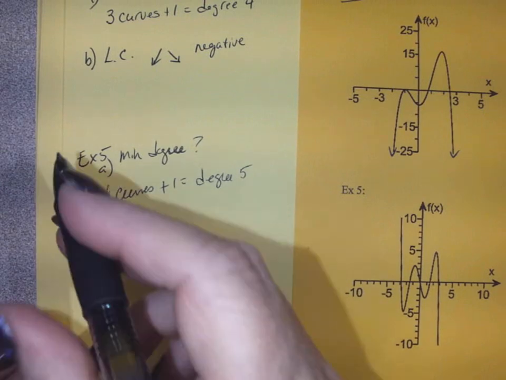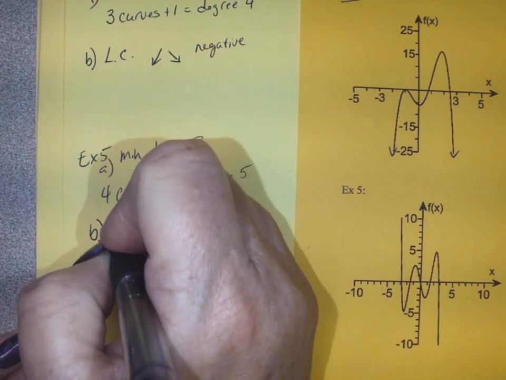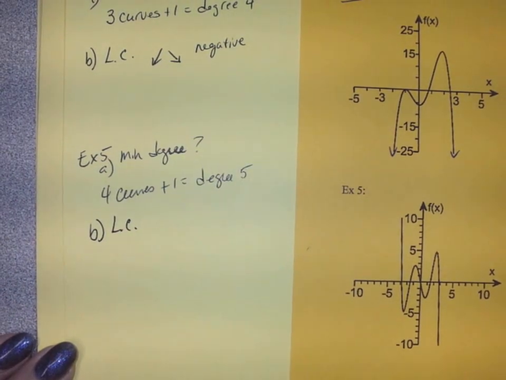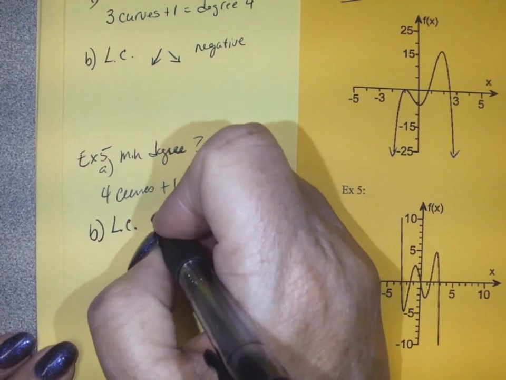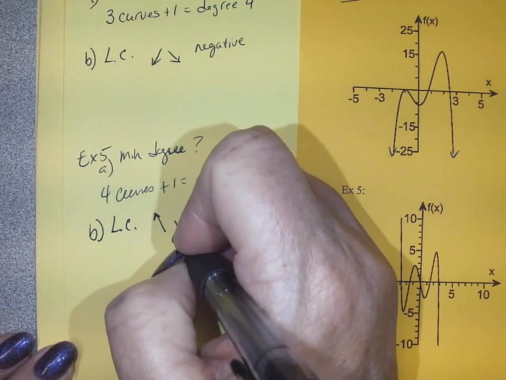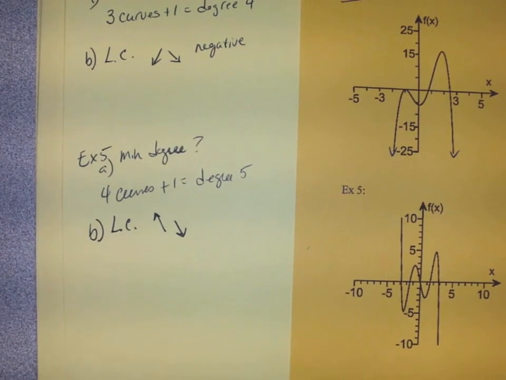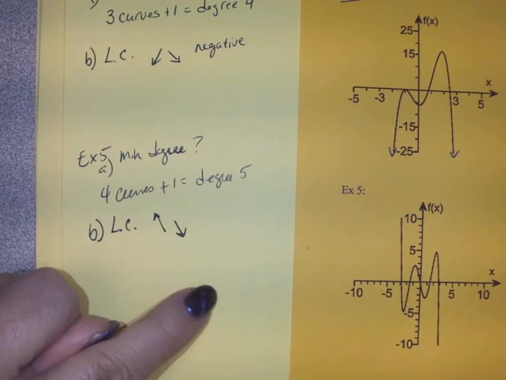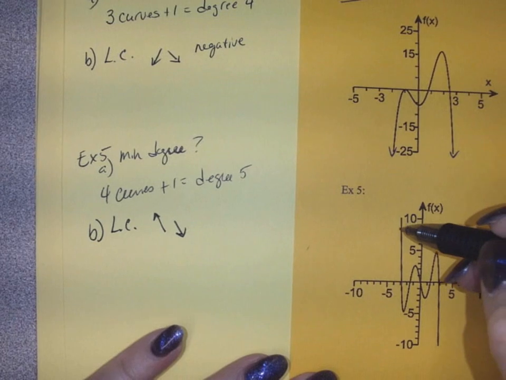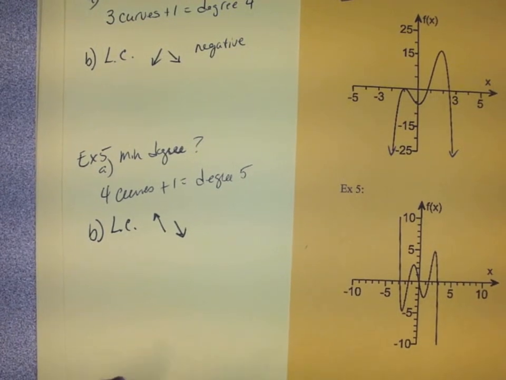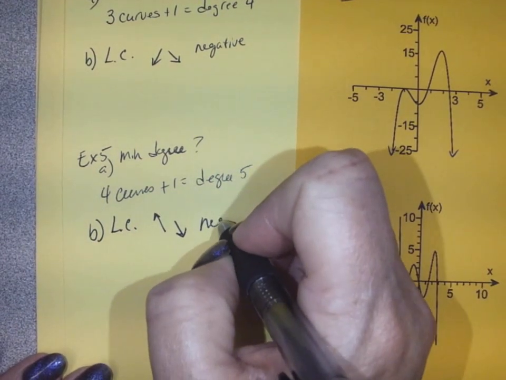All right, and then part B, what is our leading coefficient? Well, our graph goes like this, and we know that this is an odd degree because they go opposite, and because this side is going down, we start from here, our graph is going downward, then we know that it's going to be negative.